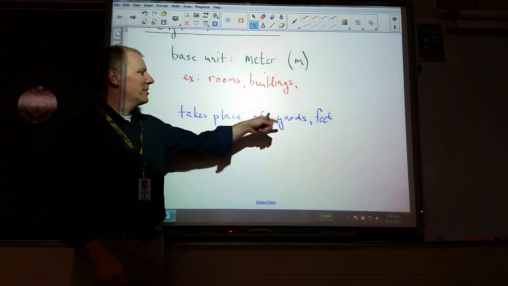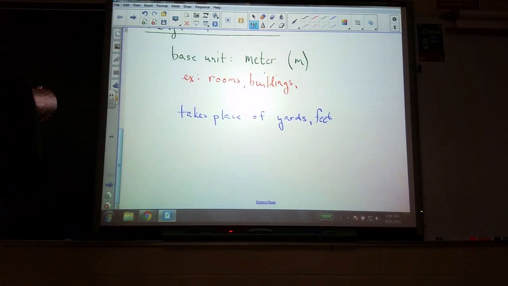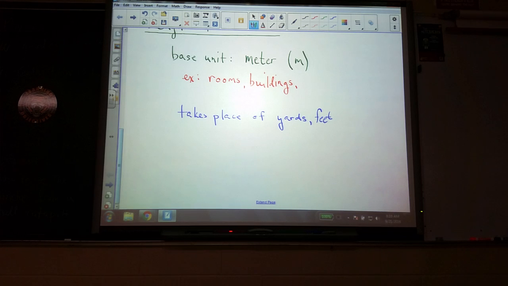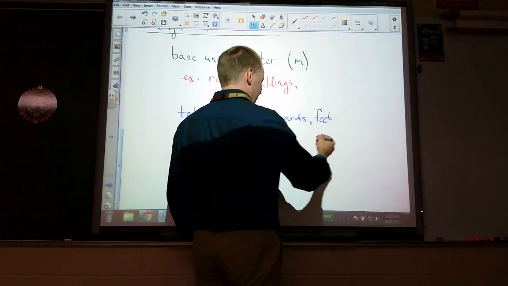What else do we measure in yards or feet? You already answered, thank you. Yes, you bet, people are measured in meters typically.